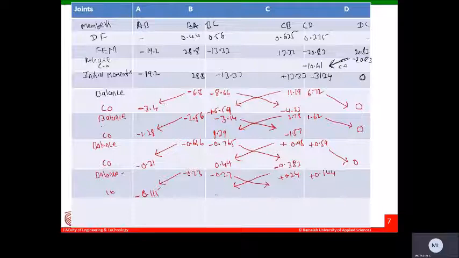Okay, and this is 0.14. 0.12 is there. 0.24, 12, and this will be 0.27 into 5. You will get 0.135. So this is plus.